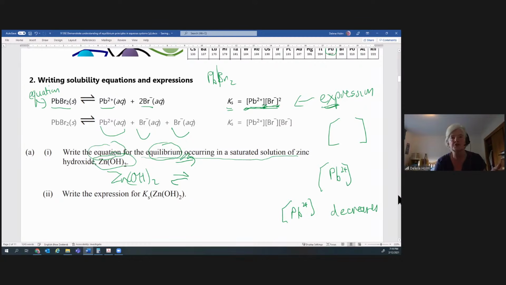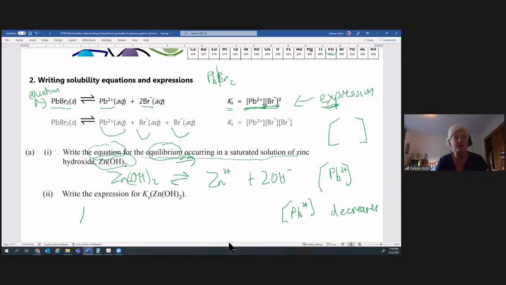Okay, so use the equilibrium arrow, and it's Zn2+ and 2OH-. Now, if you didn't know the charge on OH, again, if you know that trick I showed you about that diagonal for zinc, then zinc is always 2+, because we go from 1+, 2+, 3+ for aluminium. And if you know the charge on zinc, you should be able to work out the charge on OH.